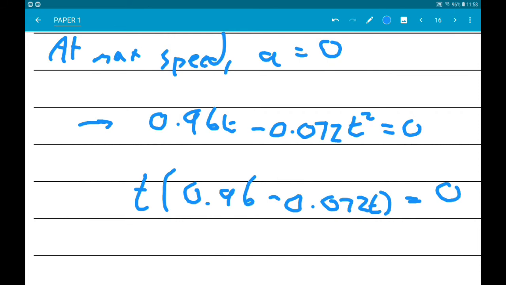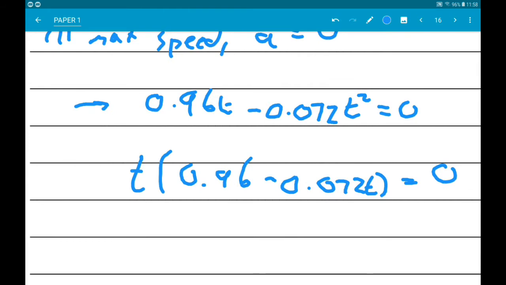So we get two solutions. One, we knew t is 0. So that's at the start when we are at rest.